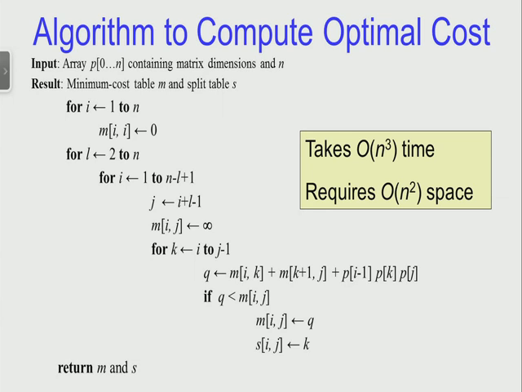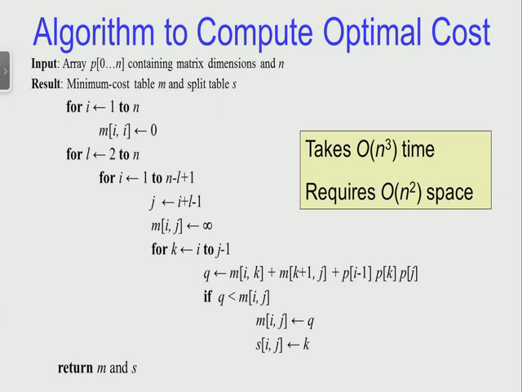So, m of i comma j is initialized to the value infinity, which is a standard practice for minimization problems which take positive values.